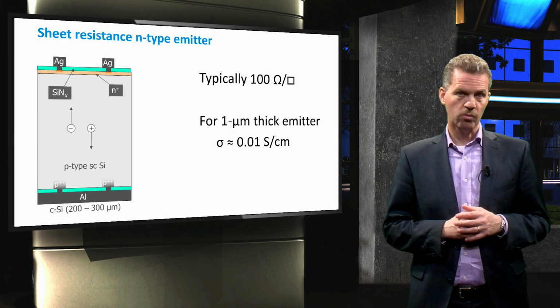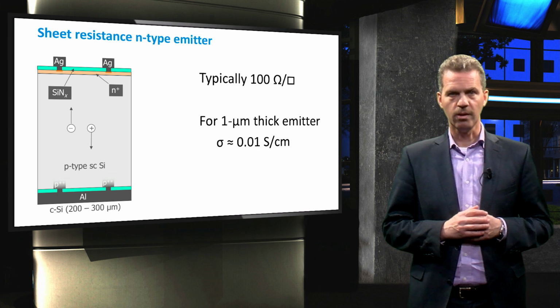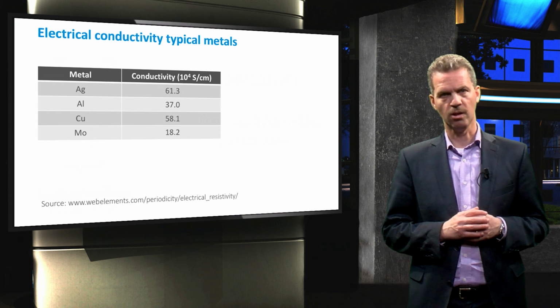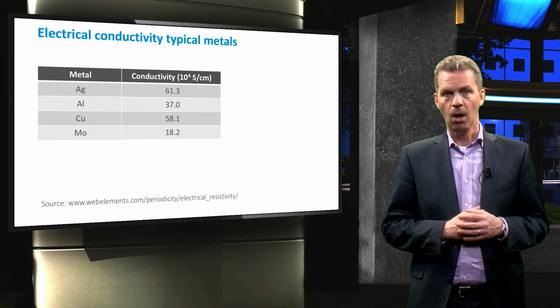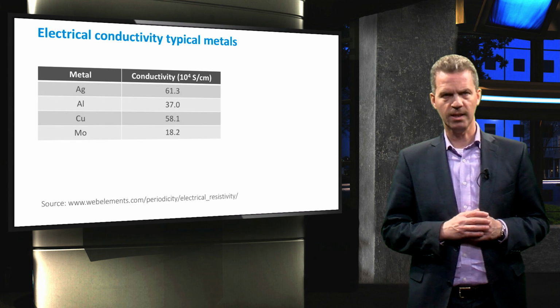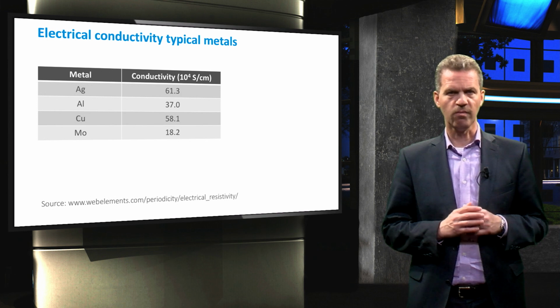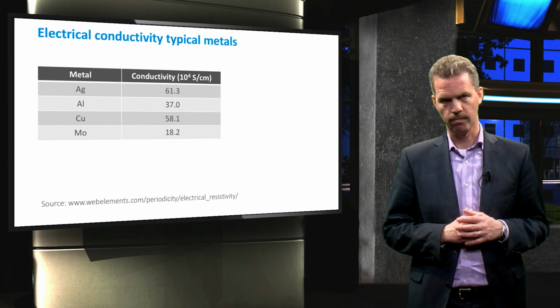Although we can control the conductivity of silicon by the addition of impurities, the conductivity is still much smaller than that of metals that are typically used in PV, like aluminium and silver, as is evident from this table. We see that the conductivity of metals is orders of magnitude larger than that of the N-type emitter. Application of metals is therefore required to transport the photogeneration current with minimal electrical power loss.